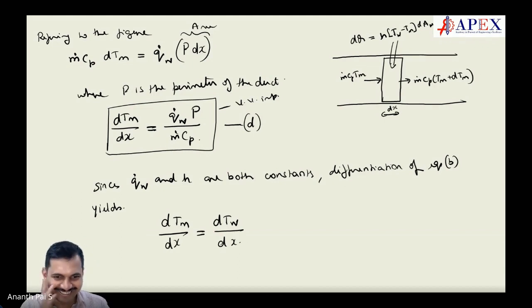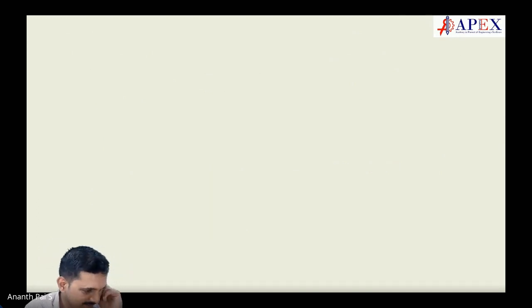So dTm by dx is equal to dT wall by dx, right? So now next one. See here.